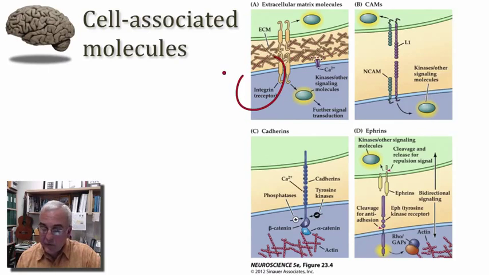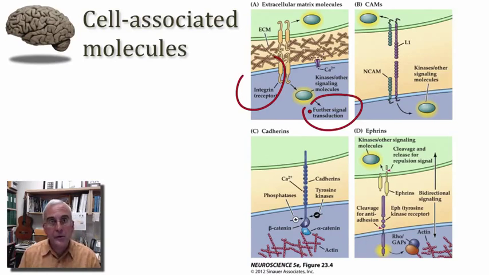Now, these integrins themselves do not have enzymatic activity in the cytoplasmic surface of the molecule, but rather they interact with other kinds of molecules that do have that enzymatic activity. For example, kinases and other kinds of signaling molecules that can activate other second messenger systems for further signal transduction downstream.